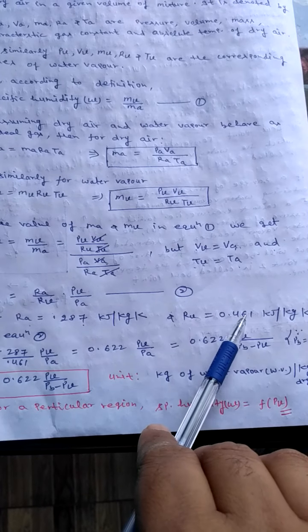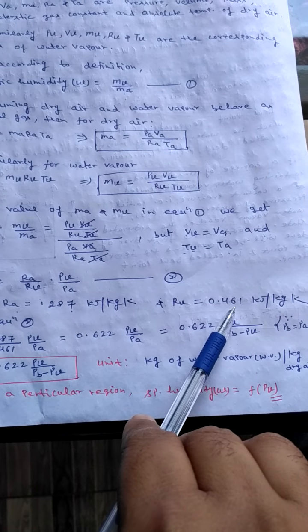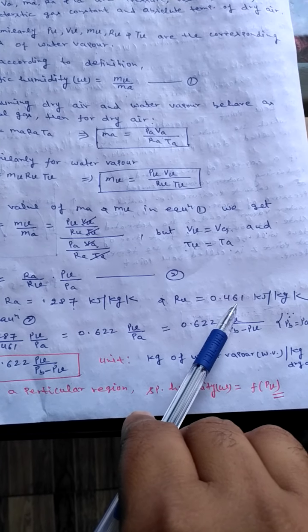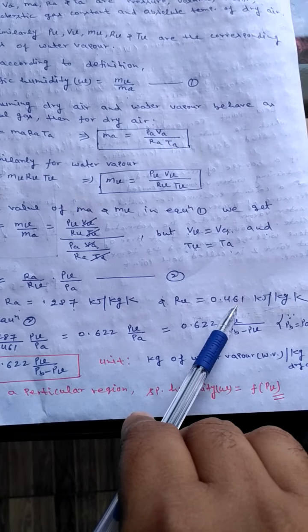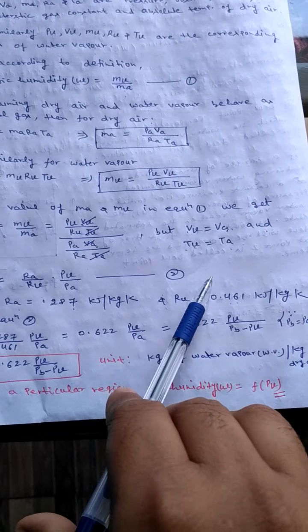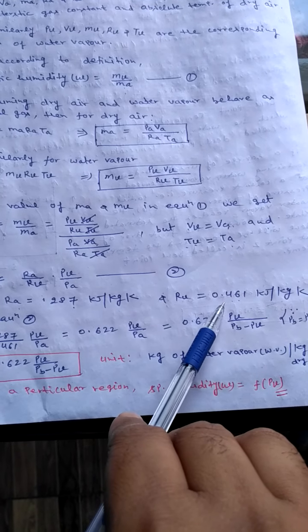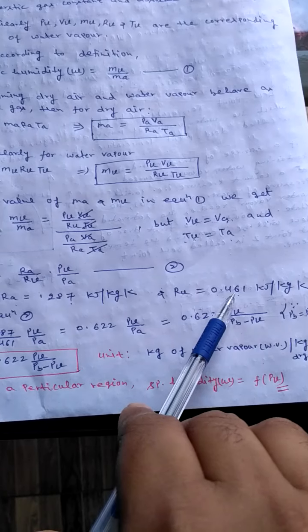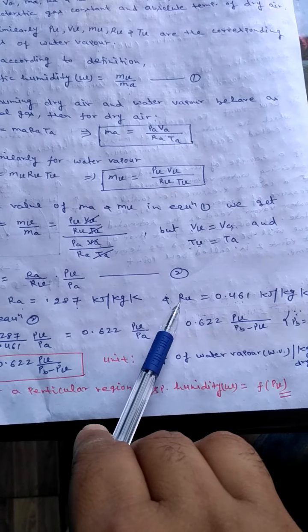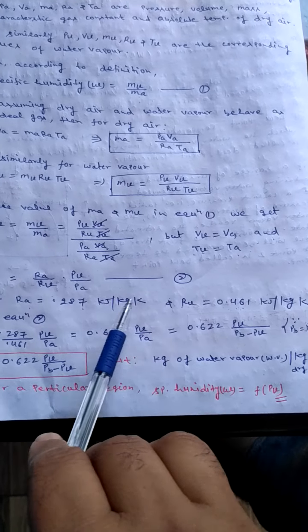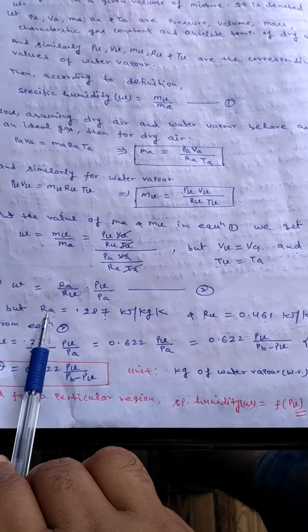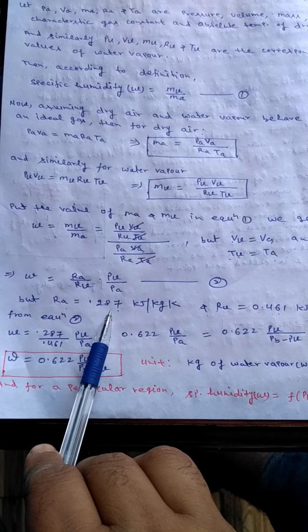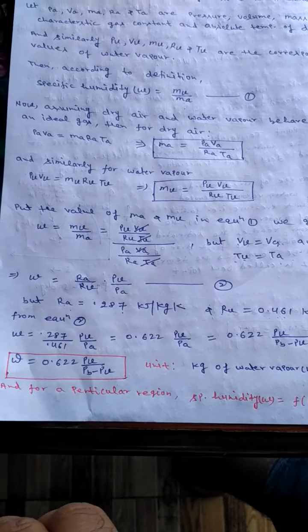And the molecular mass of the water vapor, as we know the molecular mass of water is 18, and the accurate value is 18.02. If we put these values, 8.314 divided by 18.02, we will get 0.461, the characteristic gas constant for the water vapor, and similarly the characteristic gas constant for the dry air, if we put the molecular mass of dry air, that is 28.97.